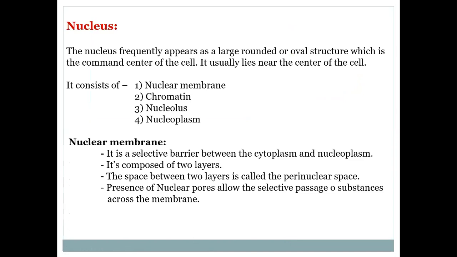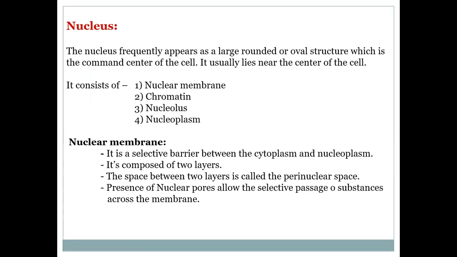Now the nucleus, which is most centrally present in the cell. It consists of the outer nuclear membrane, nuclear pores, a central nucleolus, nucleoplasm, and chromosomes or chromatin. The nuclear membrane is a selective barrier from the cytoplasm, and it is composed of two layers.